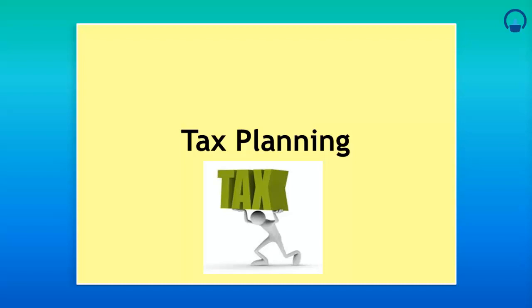Again, I'm repeating, in the entire financial planning course structure, there are 5 specific modules. Number 1, introduction to financial planning, tax planning, investment planning, risk analysis, then advanced financial planning. Already we finished introduction to financial planning.